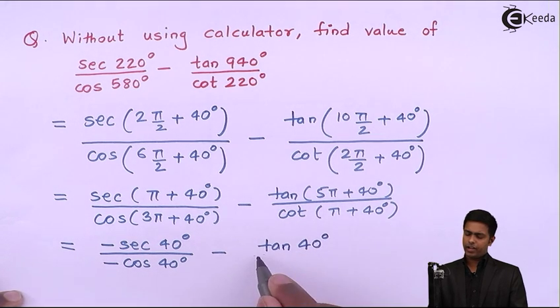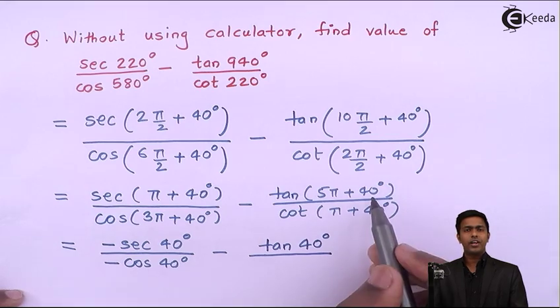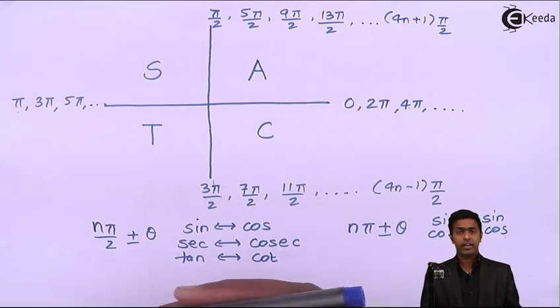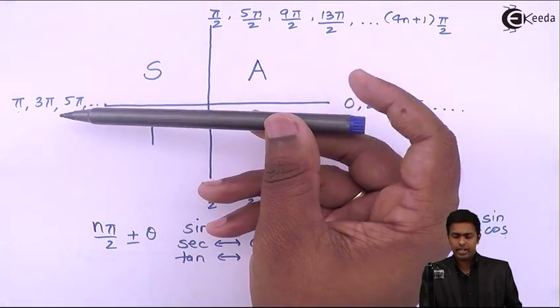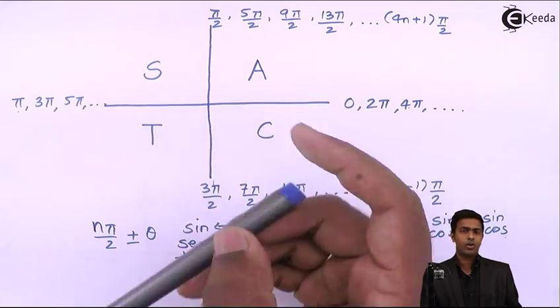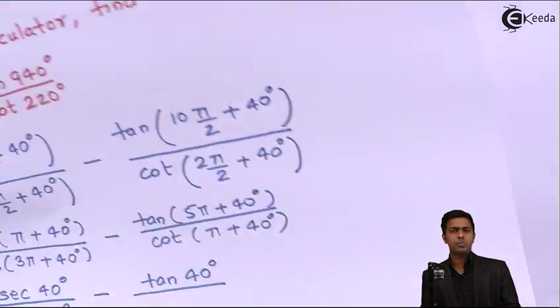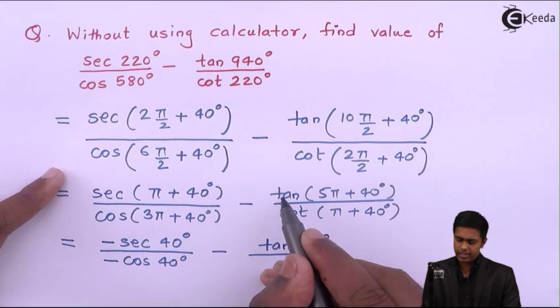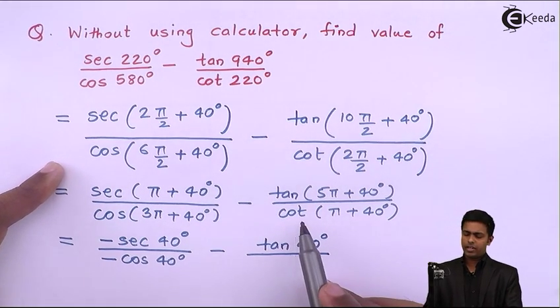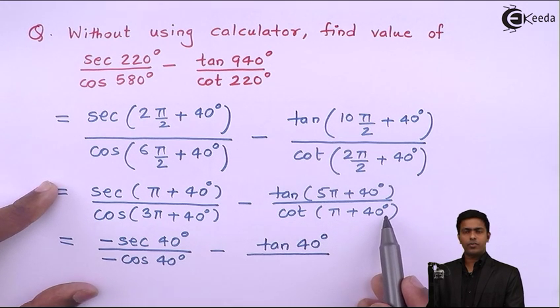Now let's identify the quadrant and sign. 5 pi again comes on the negative direction of the x-axis, plus 40 degree means the angle will go in the third quadrant, and in the third quadrant tan is positive, and we also have tan, so that will be positive as it is. And the last one is cot of pi plus 40 degree.